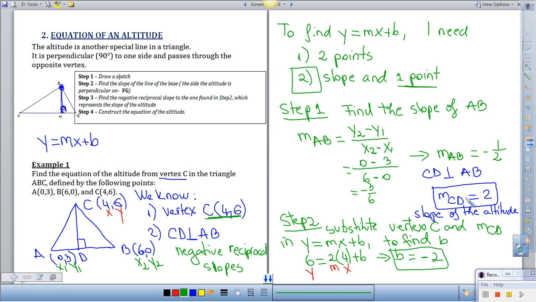Now that we found the slope of the altitude and the y-intercept, or the b of that equation of a line, I can write my therefore statement, and I can say that the equation of CD is y equals 2x minus 2.